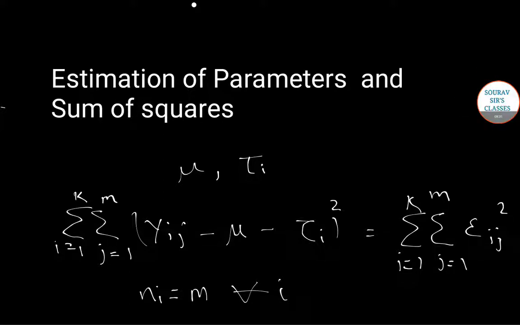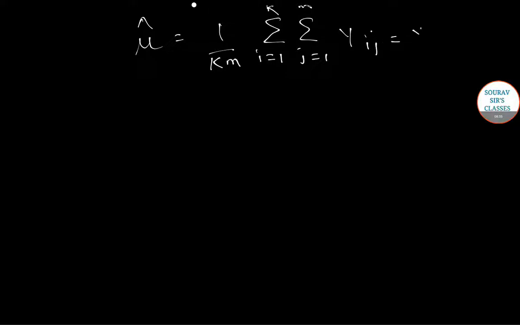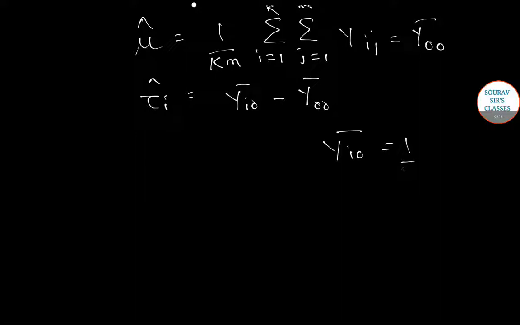Now when we minimize this with respect to μ and Ti, we will get the estimates as follows. μ cap is equal to 1 by km, summation i is equal to 1 to k, summation j is equal to 1 to m, of Yij, which is equal to y double naught bar, and Ti cap is equal to yi naught bar minus y double naught bar, where yi naught bar is equal to 1 by m summation j is equal to 1 to m of Yij.